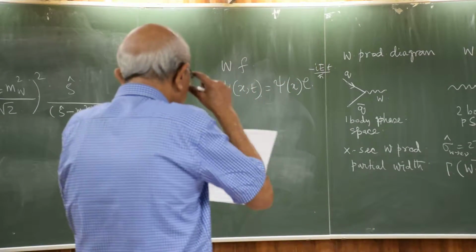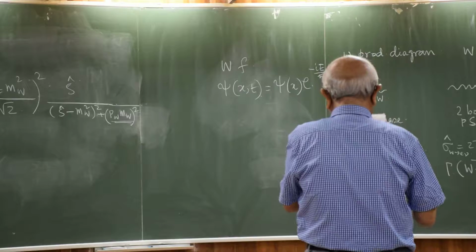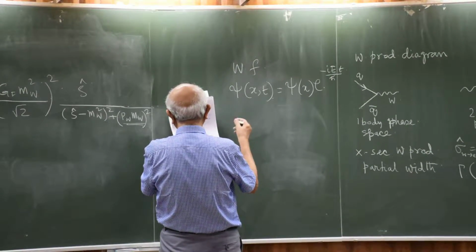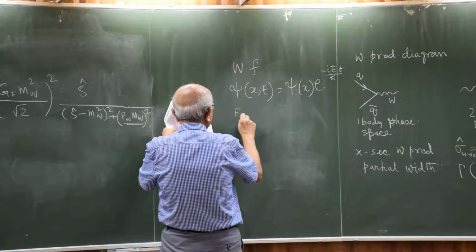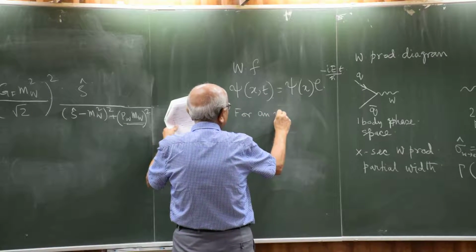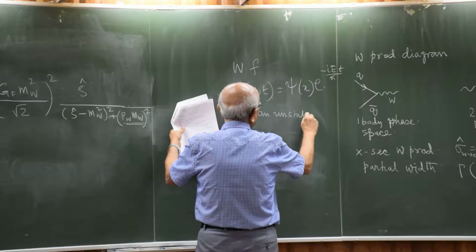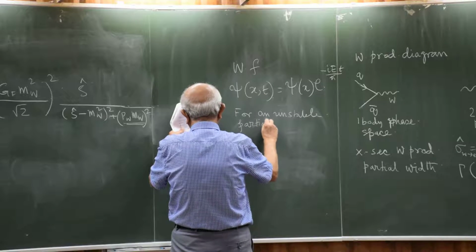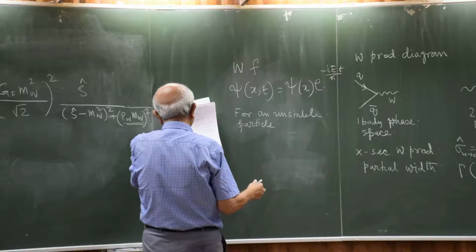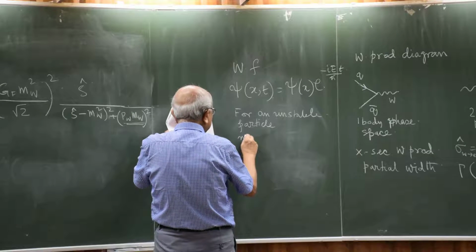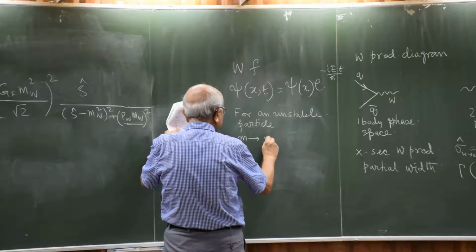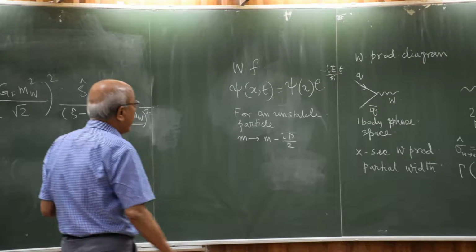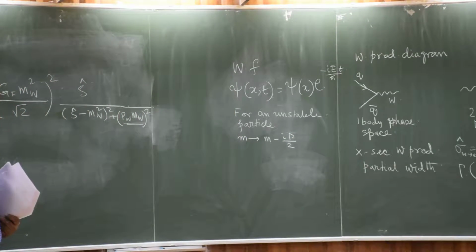So therefore, we replace m by m minus i gamma over 2, where gamma is the width of the particle.